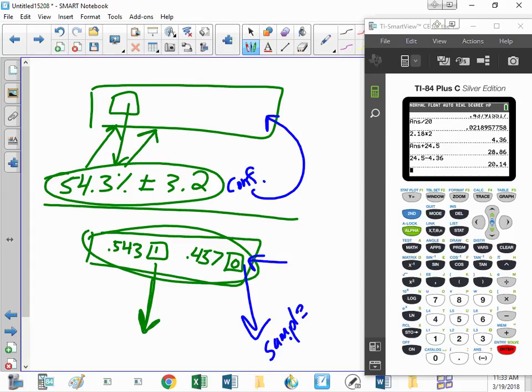But in the real world, does that make sense? If we know what everybody's height is, why would we go talk to a piece of those? That just doesn't make any sense. So this doesn't happen very often. This happens all the time. We don't know what's in the box, so we take a sample and we pretend to know.